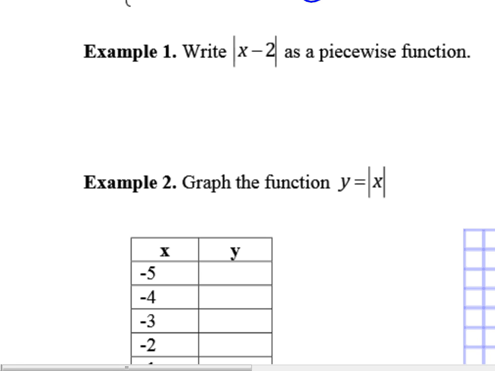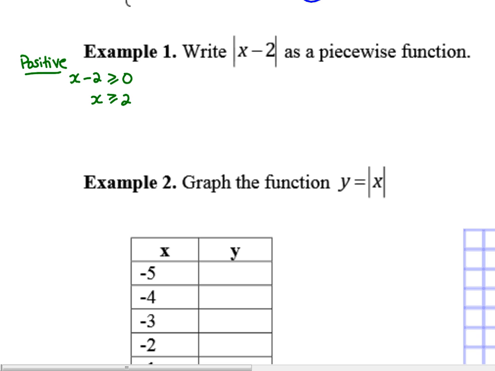Really what you're solving is, when is x minus 2 greater than or equal to 0? When is it a positive number? How do you solve an inequality? I add 2 to both sides, when x is greater than 2. That's the positive case, when x is greater than or equal to 2.